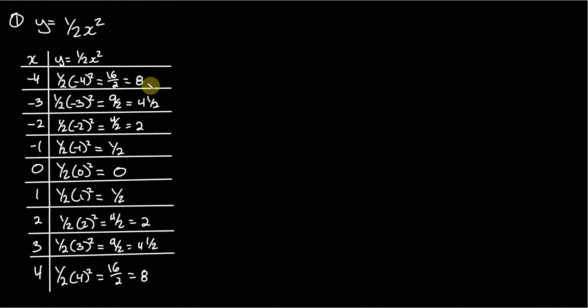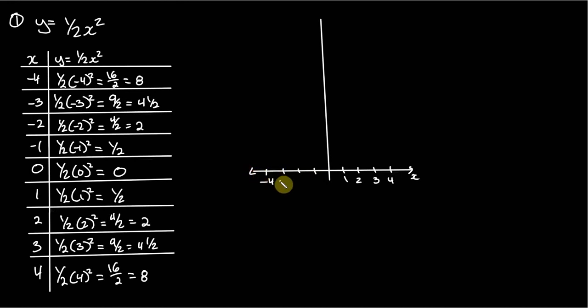And so indeed there is certainly a pattern here, and it looks like we're going to have a fairly healthy parabola. We have no negative y values, so I'll draw the graph like this. This is the x-axis. We have 1, 2, 3, 4. Now for this side, 1, 2, 3, 4. Looks something like this.